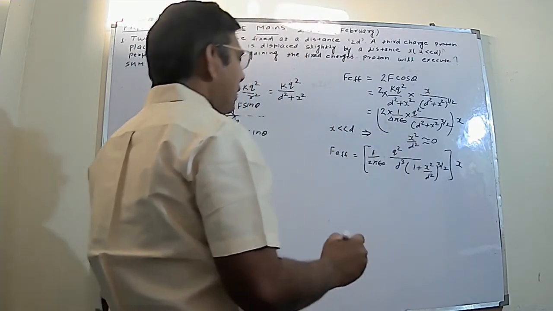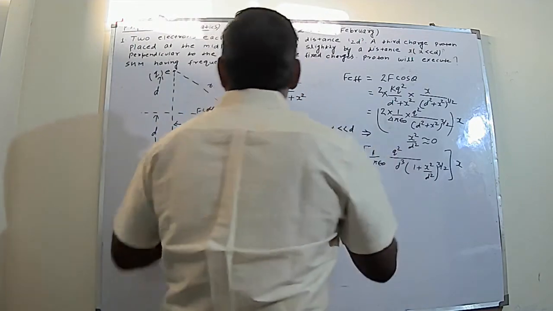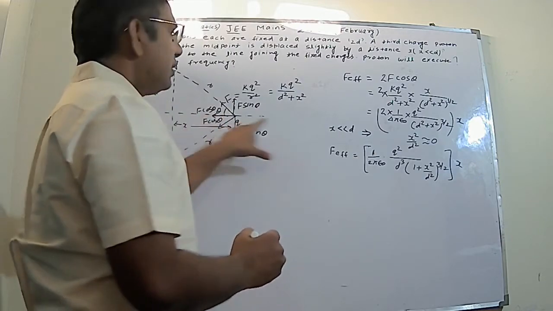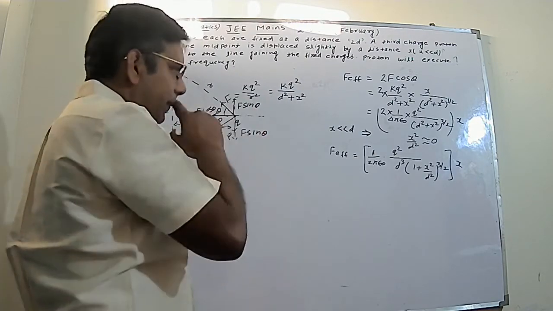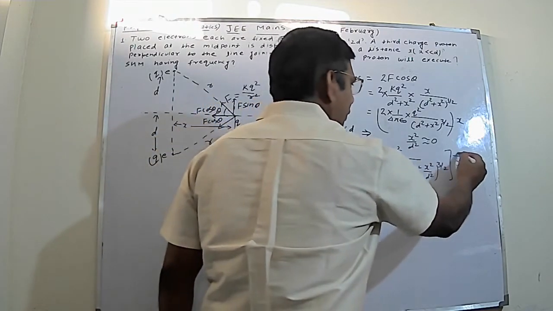We can see that if we write in vector form, the direction of force F is this way and the displacement vector is in the x direction. So we can write F in vector form.